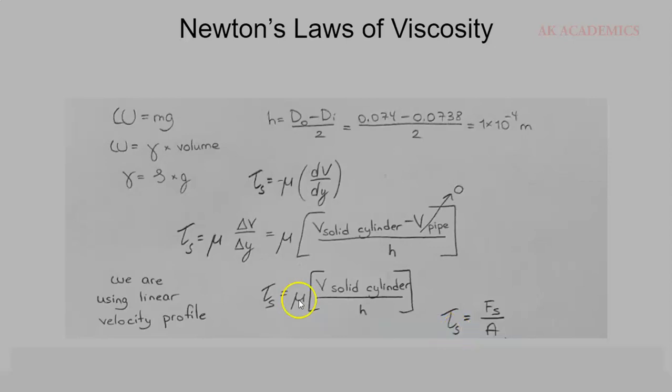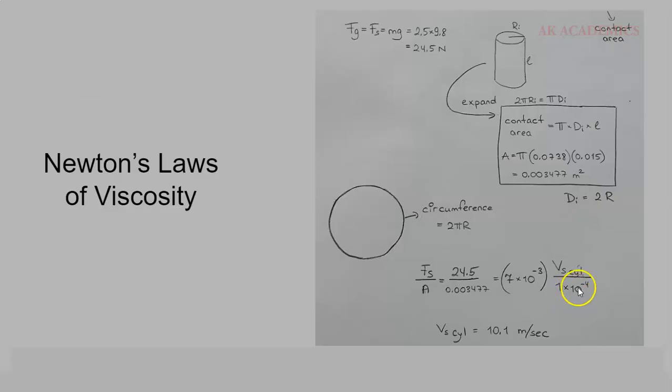So we enter the value of viscosity here, we enter the value of solid cylinder velocity, which we don't know, and which I'm looking for. We know the value of our h, we enter that here, and then the only thing missing here is velocity of the solid cylinder. When you rearrange these, you will find the value of velocity of the solid cylinder requested in the question to be equal to 10.1 meters per second.